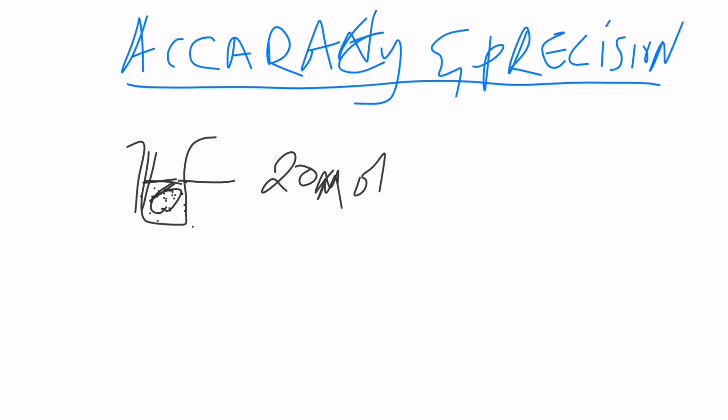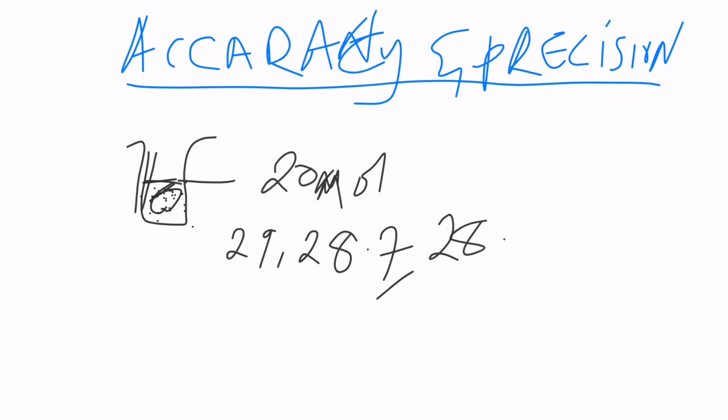You have been given three trials to try. The first trial you measured 29. The second trial you measured 28.7. The third trial you measured 28.